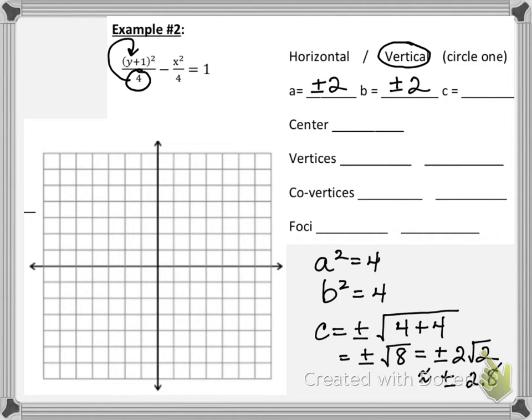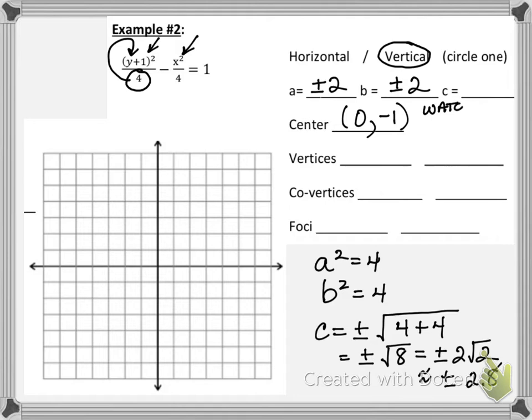Let's make our center bright red again. So our center is x comma y. Our x in the numerator had no number, so we're going to put that as a 0. And the y is going to be a negative 1. So you need to make sure and watch your order, okay?